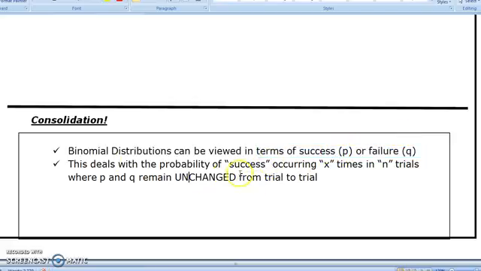This formula also only works when the trials are independent. If they are not independent, this does not work. If throwing one die affects the next die, you cannot use this.